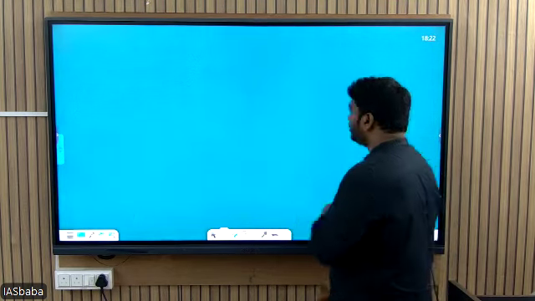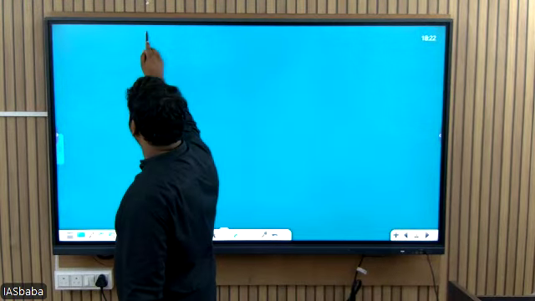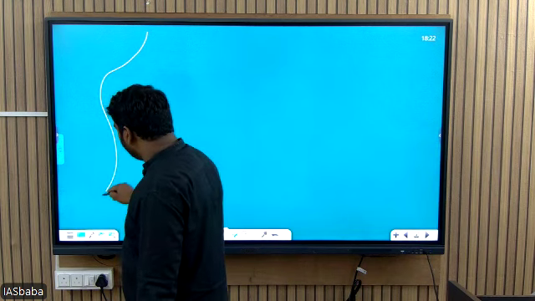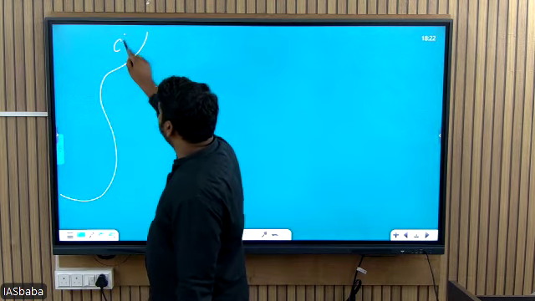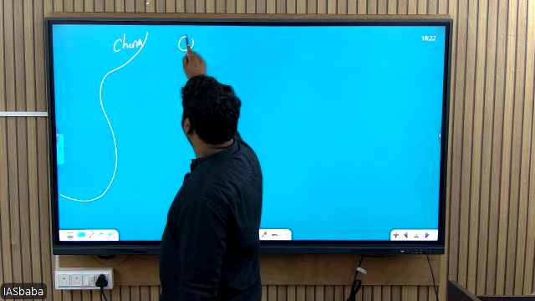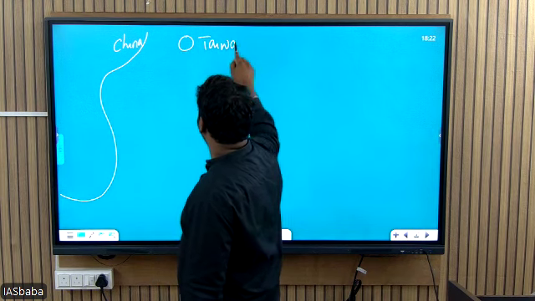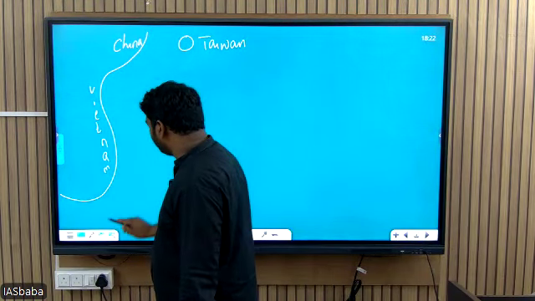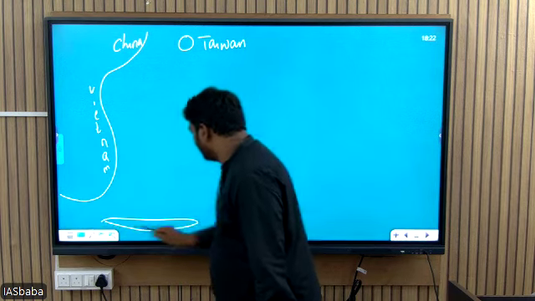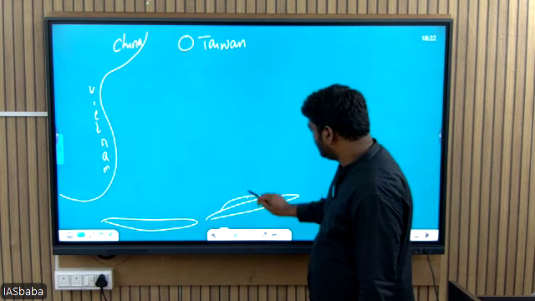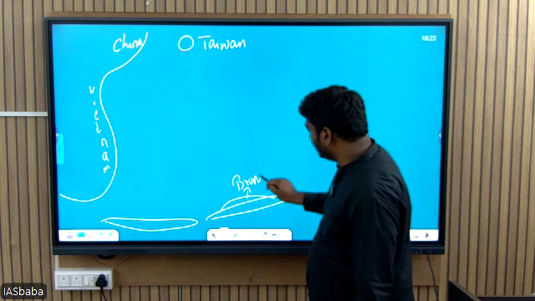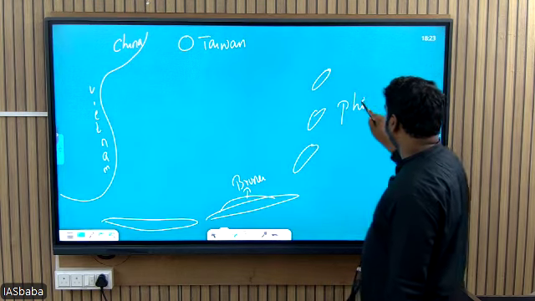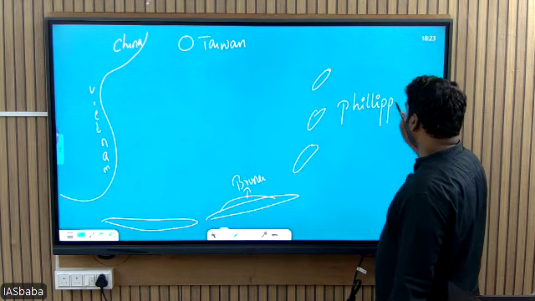Next, you see, normally if you take this as China, if this is Vietnam, China, Taiwan, Vietnam, here you will have Indonesia, here you will have Brunei, you will have the Philippines.